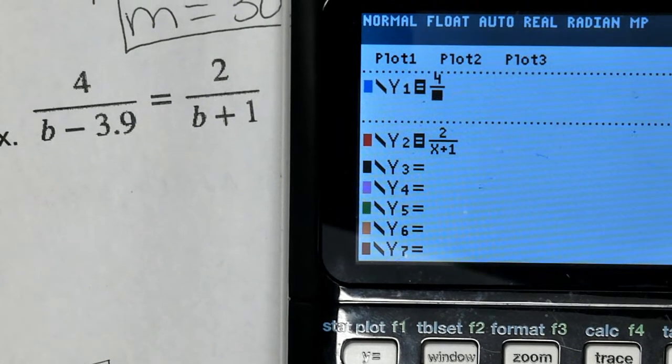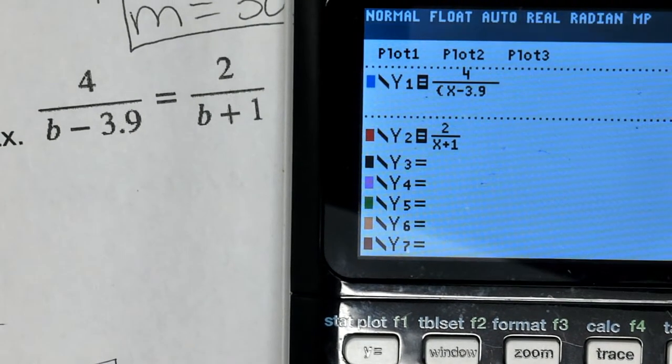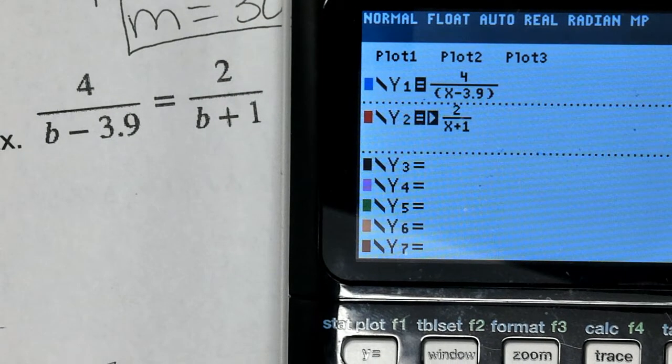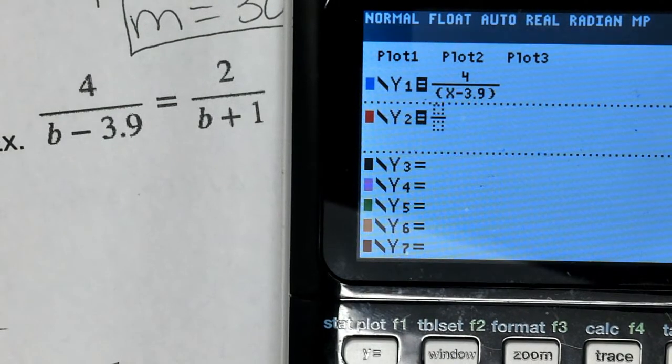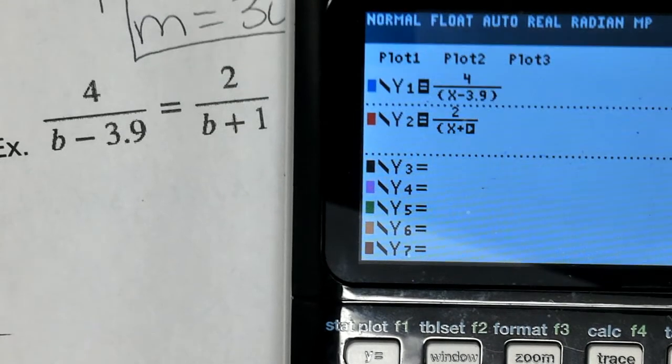So 4 on top, parentheses, x minus 3.9. What did I just hit? Two over x plus 1.